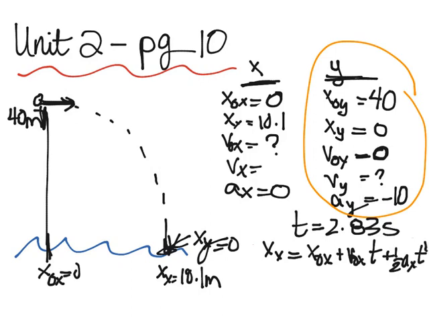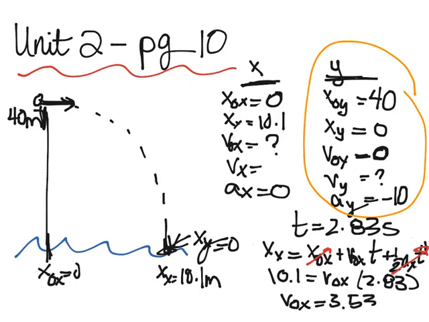We know that x naught x is 0, and ax is also 0, so I end up with 10.1 is equal to v naught x times 2.83. I'm going to divide both sides by 2.83, and I end up with v naught x equal to about 3.53 meters per second. Okay, so that was part B.